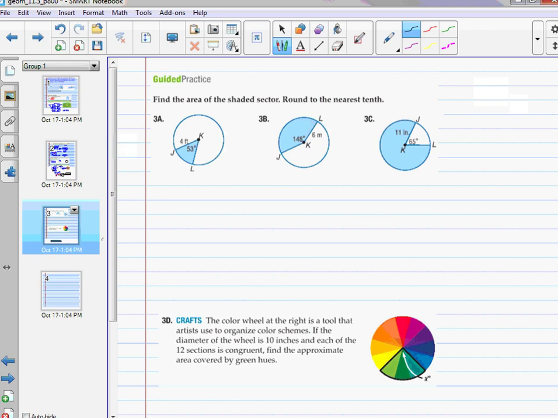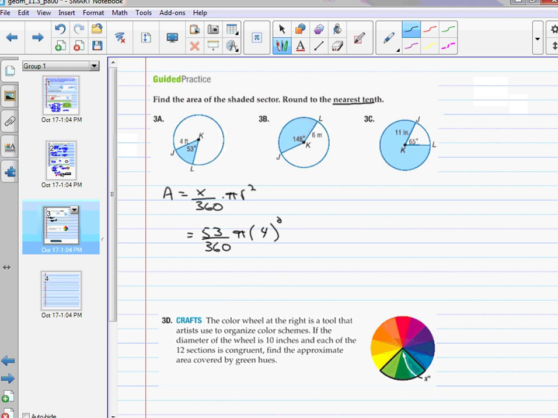Find the area of the shaded sector. Like right here, we're just going to use the degrees. Now our formula is x over 360 times pi r squared. So what's our x? 53 over 360 times pi times, what's our r? 4 squared. I'll let you go to a calculator.